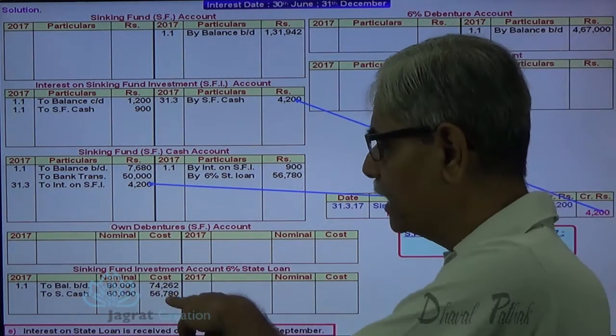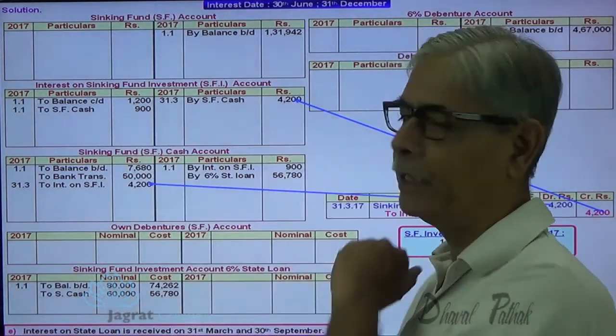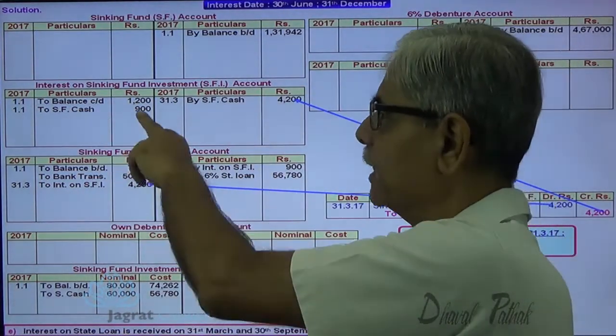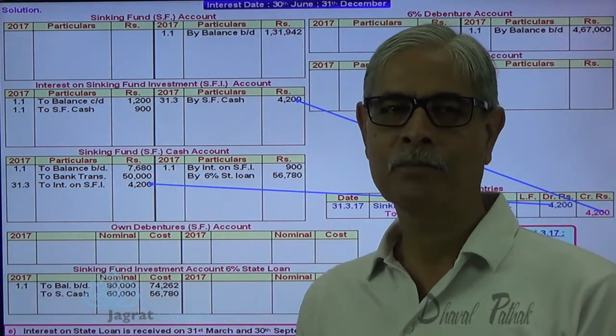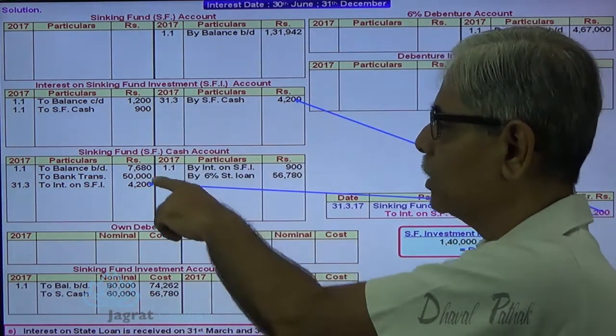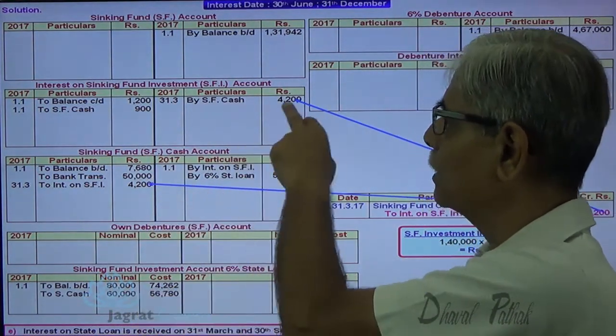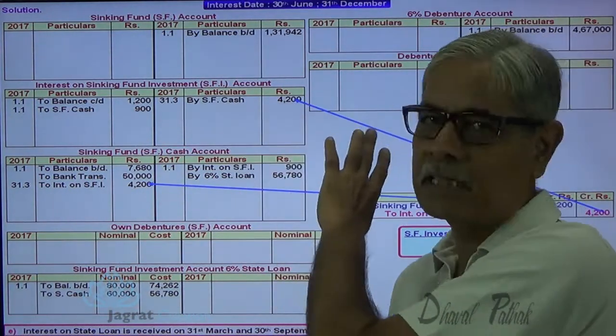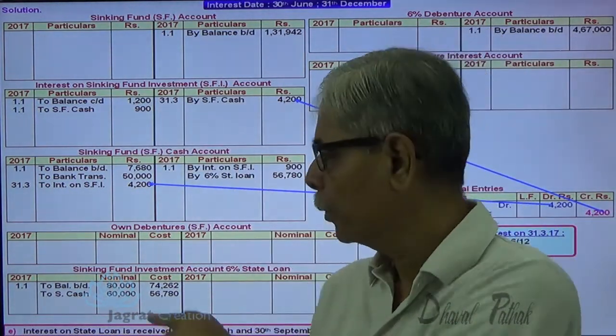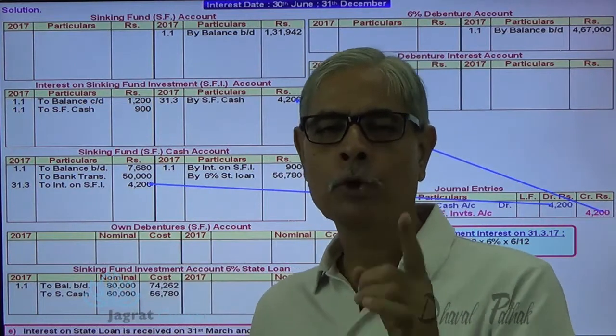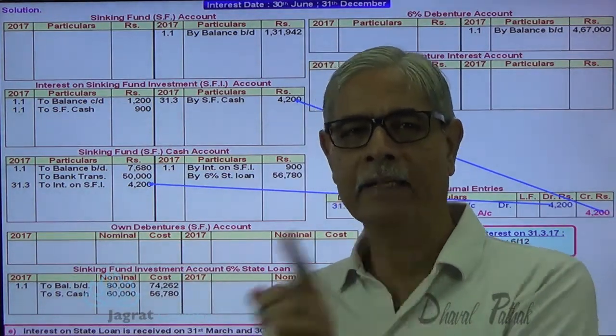Now when this investment was purchased, this interest was paid. So this interest was paid for 3 months. And we have credited the interest on the same amount of 60,000 for 6 months. So 6 months interest is received, out of that 3 months is paid. And on this opening balance 80,000, you have received an interest for the entire 6 months period.